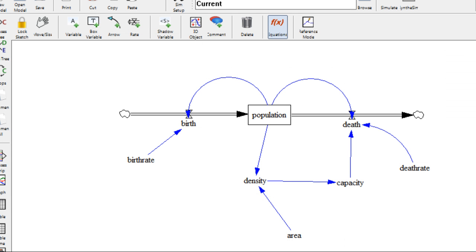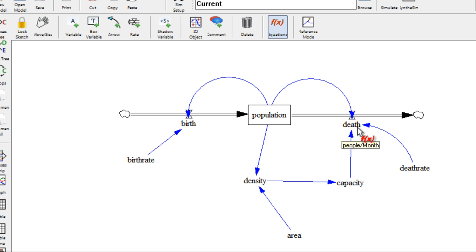Second thing, we have to put the units here. This one is people per month, this one is 1 per month, and this one is people. So people times per month equals people per month.